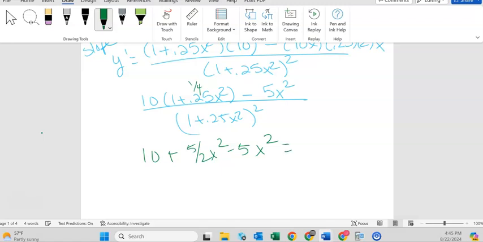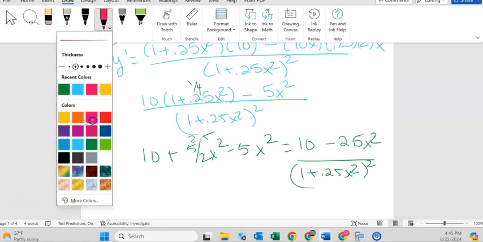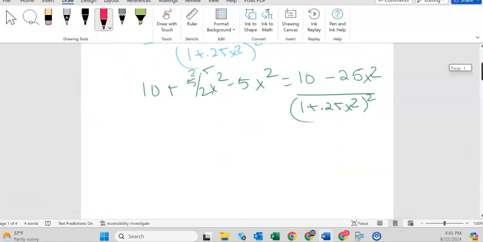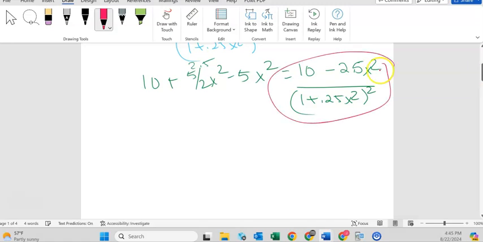And I'm going to just keep going here for a minute. 10, and I'm going to have minus, so this is 2.5, minus 2.5 x squared. Okay, so I got this far. I have my slope. Now, to find the maximum, I'm going to take this, which is my first derivative, and set it equal to 0.